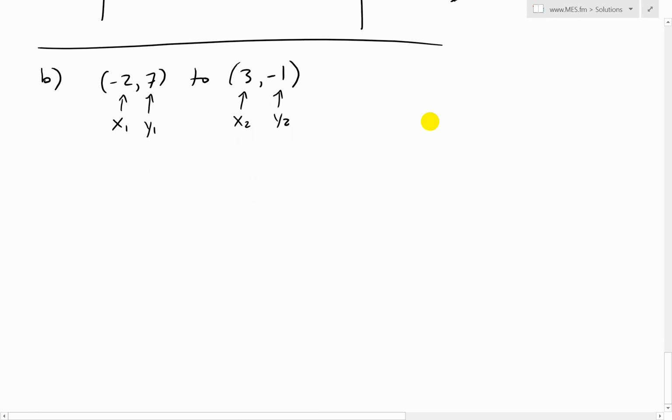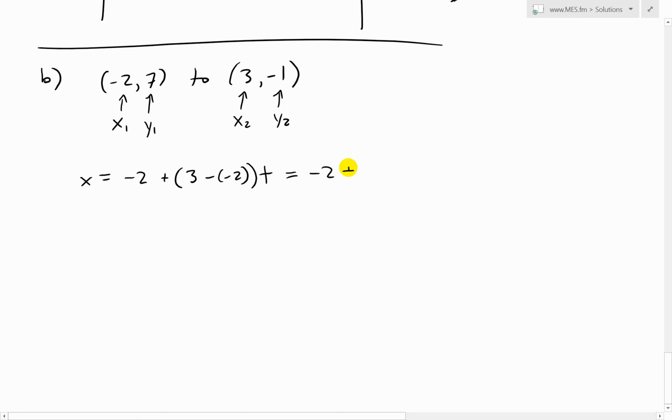So what this means is, our parametric equations are x equals x1, which is -2, plus x2, which is 3, minus x1, which is -2, times t. The negative becomes a plus when we add them together, so 3 minus -2 is 3 plus 2, which is 5.